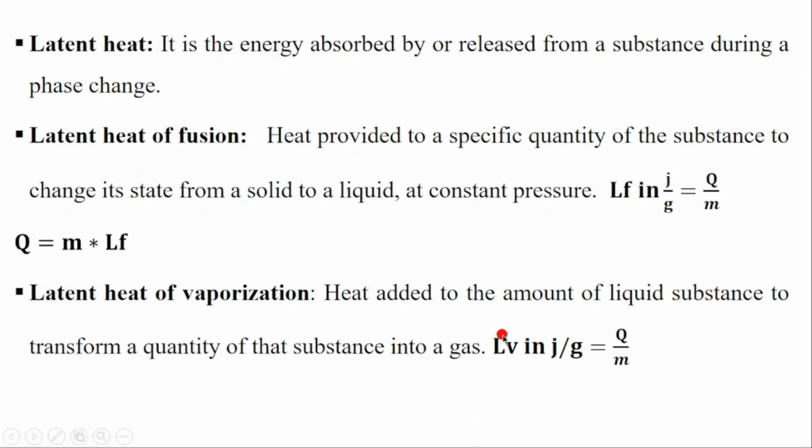Again, the latent heat of vaporization in joule per gram is equal to Q, the heat in joule, divided by the mass. That means Q is equal to the mass times the latent heat of vaporization.